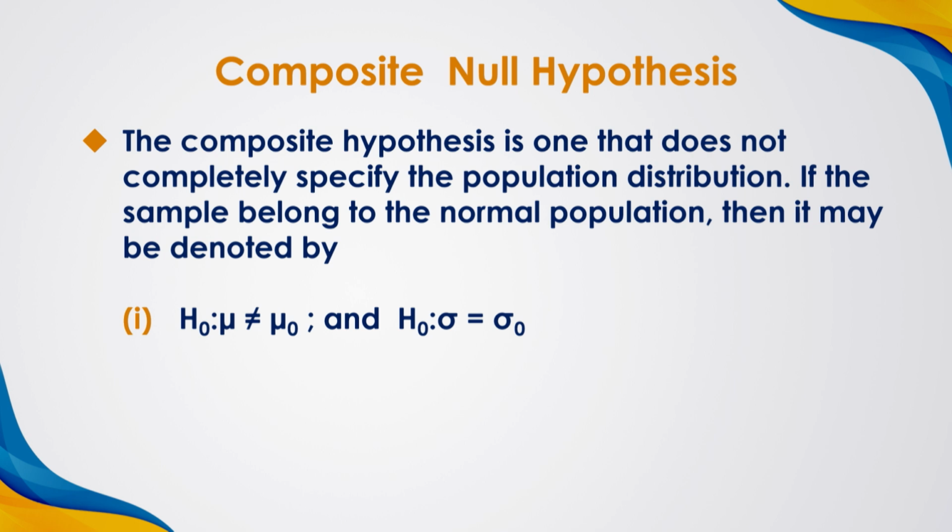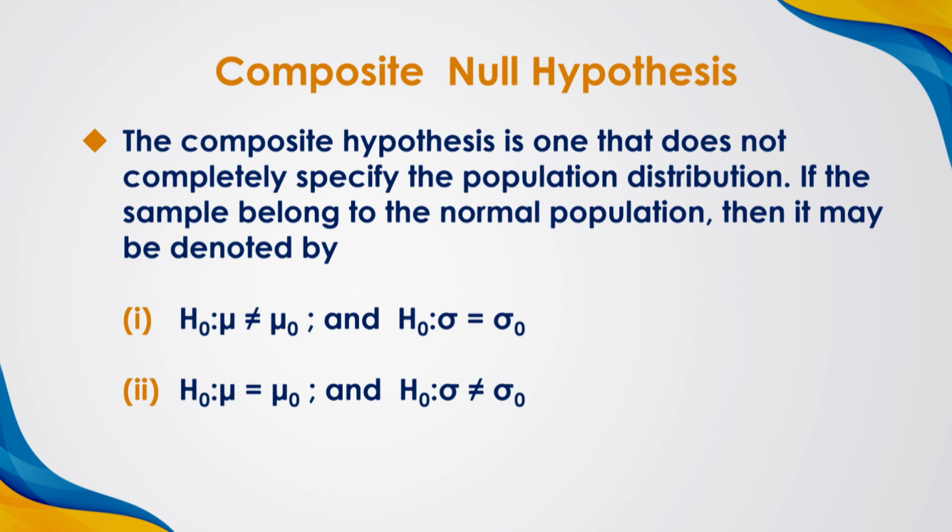For instance, if I say mu is not equal to mu naught and H naught such that sigma equal to sigma naught, here I am mentioning an alternative hypothesis which is not null, while H naught sigma equal to sigma naught is the null hypothesis and simple. Combined together, we call it a composite null hypothesis.